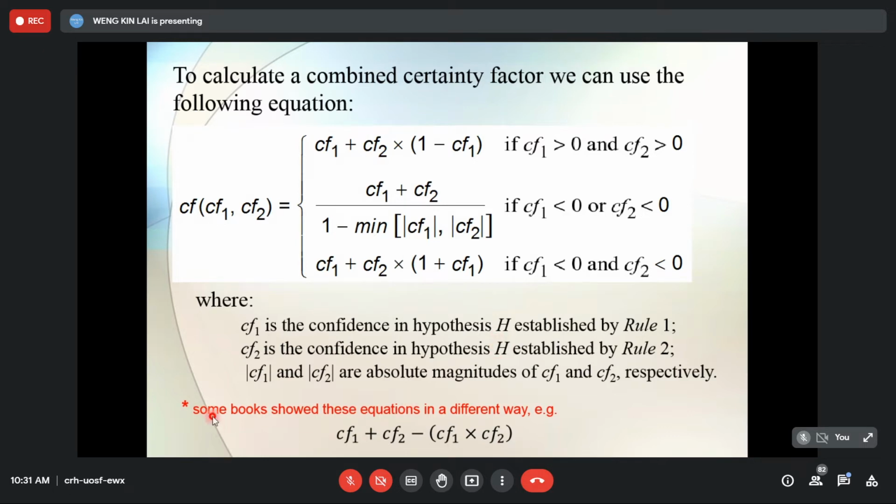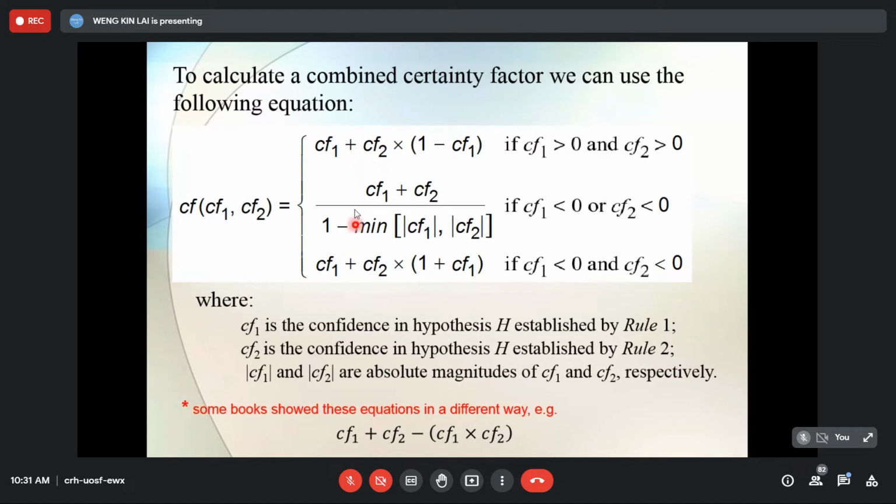Now, note that in some books, the first part here, the equations are stated in a different way. You can have CF1 plus CF2 minus CF1 times CF2. So you can see here, this one applies to the top here.